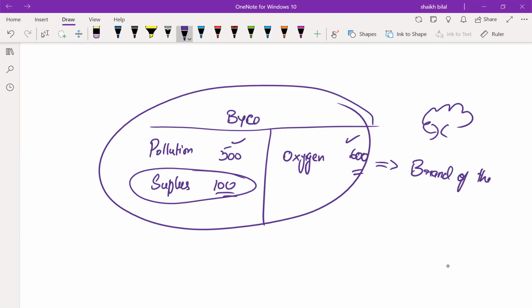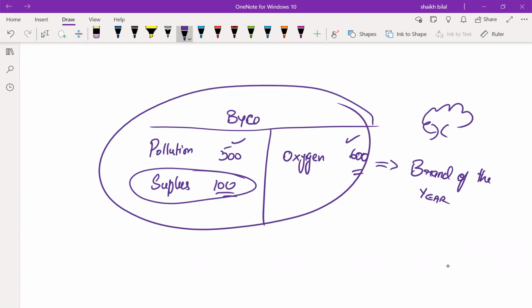This company was awarded brand of the year, and it was also given the environmental analysis award, the highest award for an environmental hazardous pollution impact reducer company. Ultimately, this company has done a wonderful job.